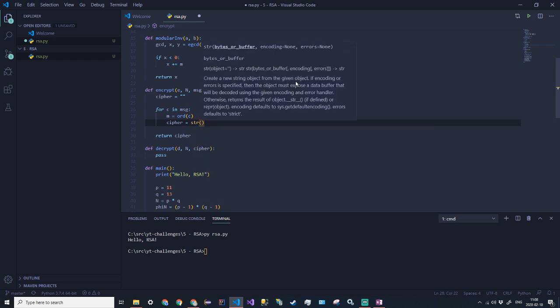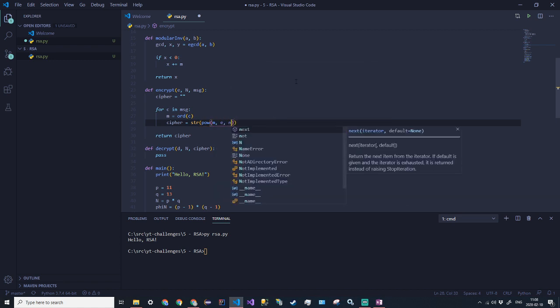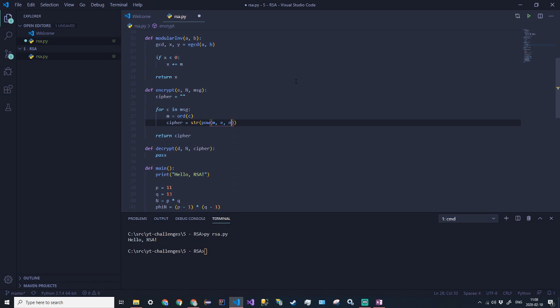So we just want to convert the result to a string of pow. We're going to pass in M, E, and N. So that equates to the M to the E modulus N. And we just want to add a space after that. Just like that. Because this is how we'll separate the different elements, and that's our encryption function.